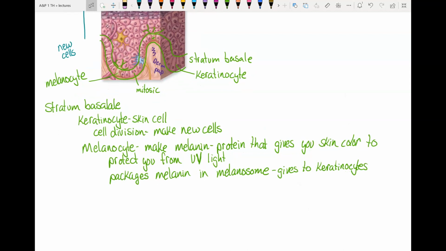Then the third cell in the stratum basale is this one right here. So it's this blue cell, and then notice it's attached to this yellow stalk. The cell is a tactile cell. And that yellow stalk it's attached to is a nerve. So this is your sense of touch.